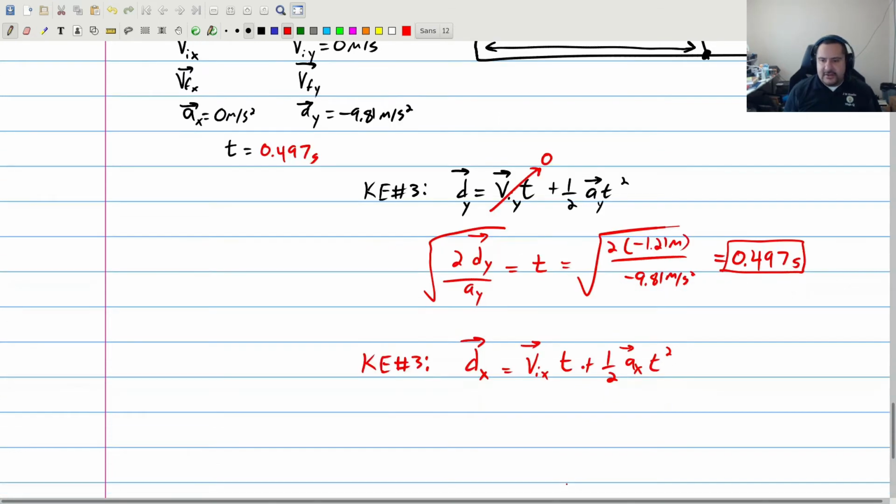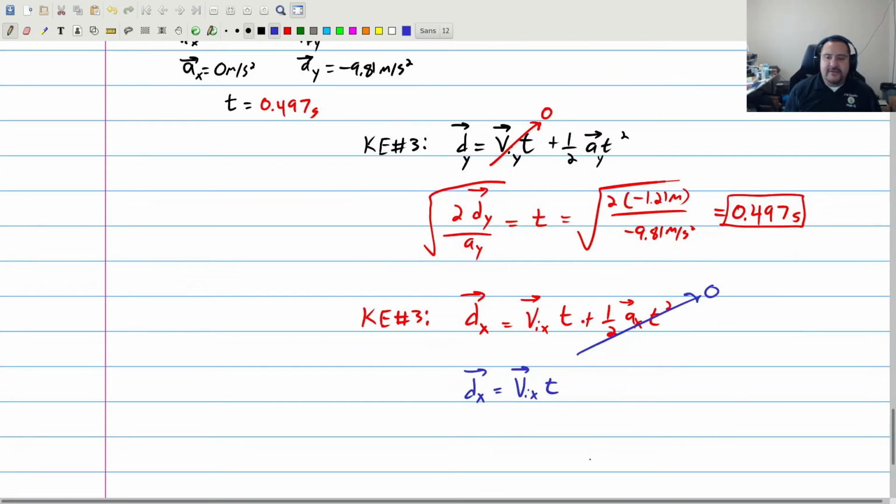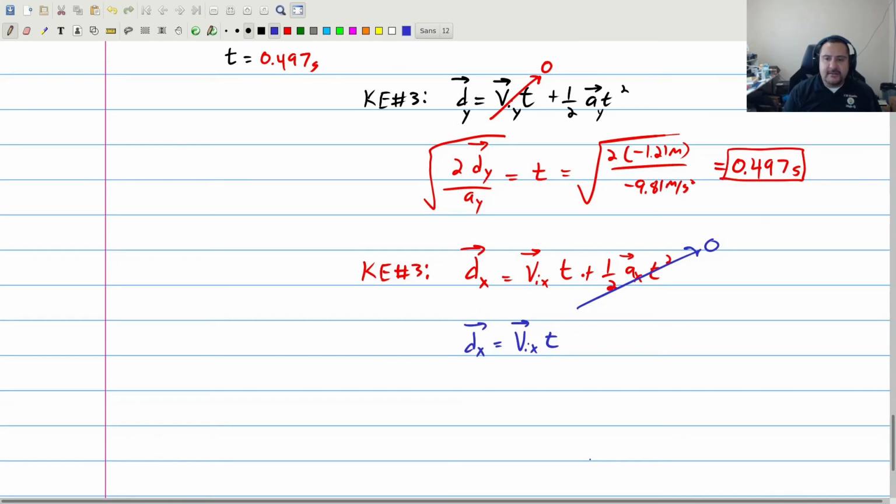All right, so I know ax is 0, so this entire piece is going to be gone, and we're going to be left with dx equals vix t. I'm going to solve this for v initial x, which gives me dx over t equals v initial x.